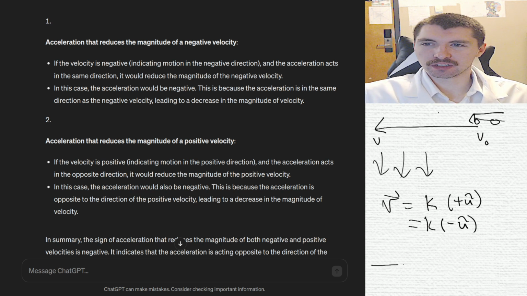So if we're going to the right and let's say this is a constant velocity, but we're accelerating to stop.